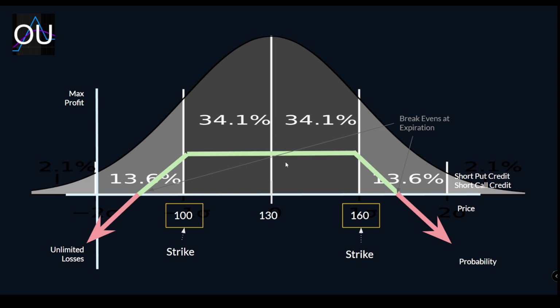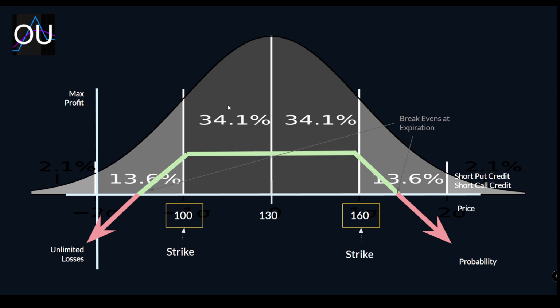Option prices are priced based on this rationality, if you will, using the option Greeks that we talked about. Without getting into all the details, there's a reason why option prices are priced the way they are. But the point we're trying to make here is, when you hear a 16 delta, why do we call it 16 delta?